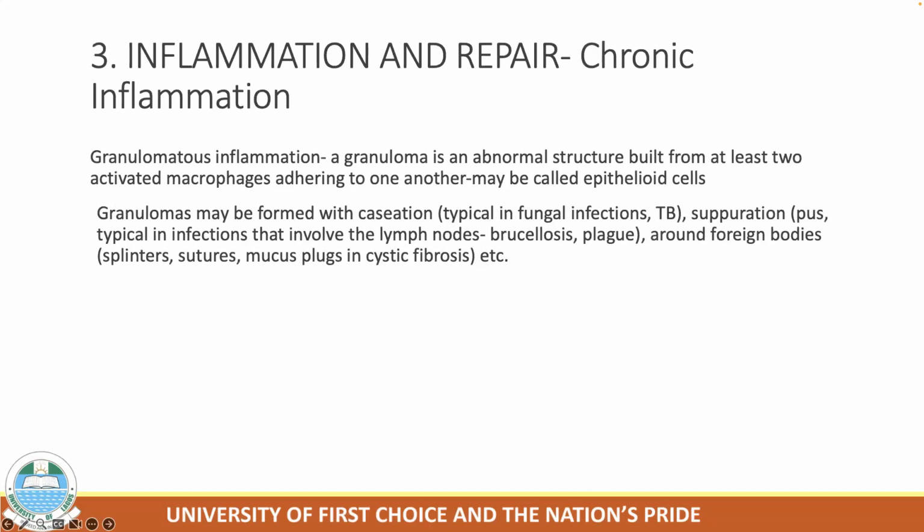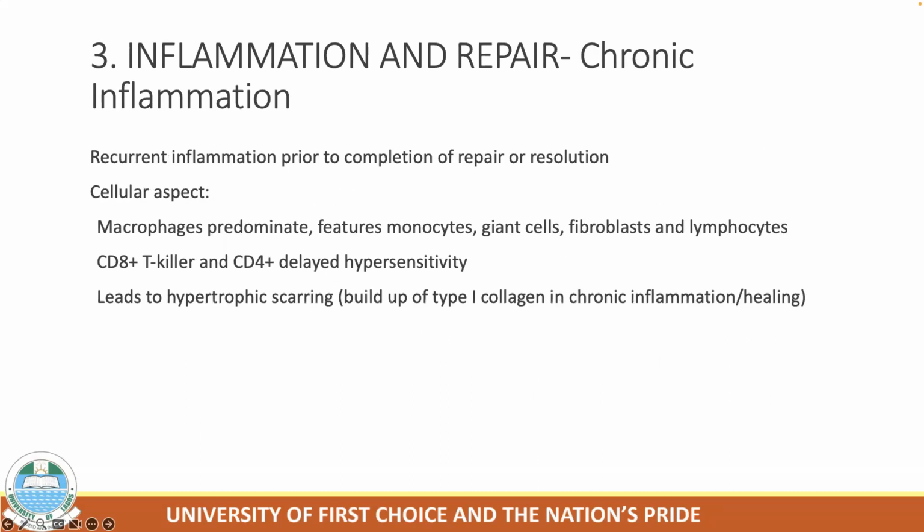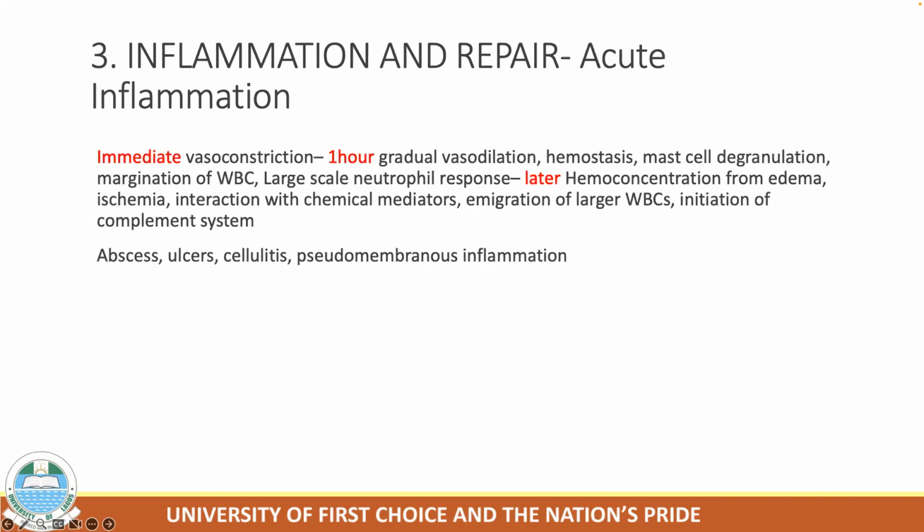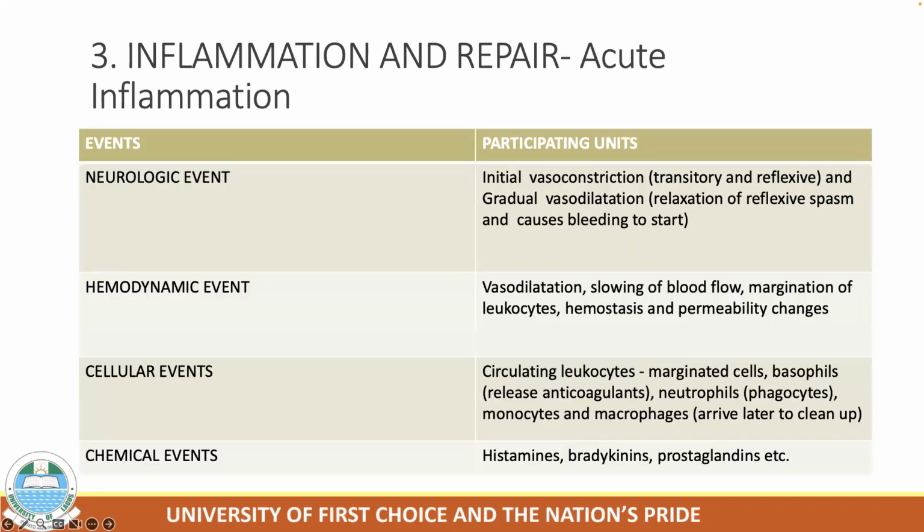First, in a process of inflammation, there are both chemical and cellular events. But the chemical events control both the cellular and hemodynamic and the neurological events that happen.